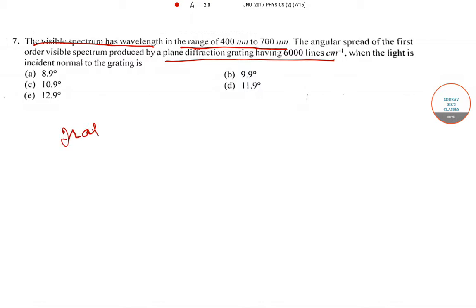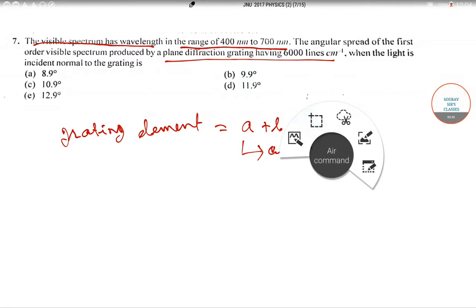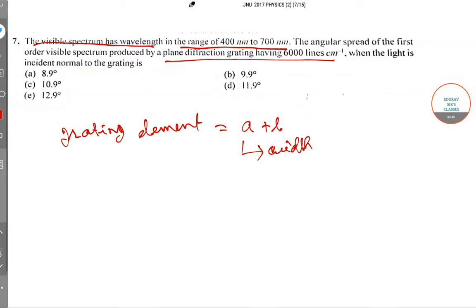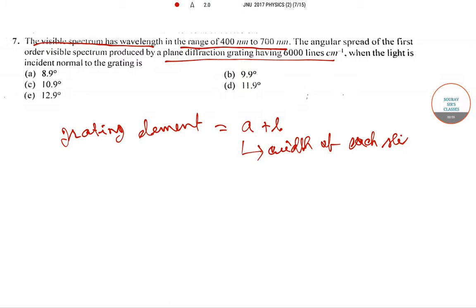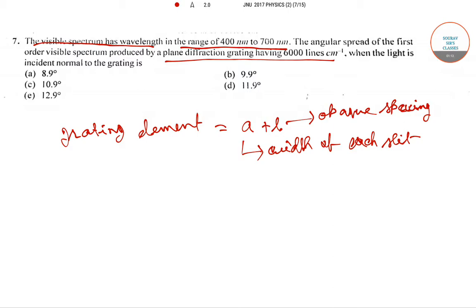So we know the grating element is equal to A plus B. A is the width of each slit, and B is the opaque spacing between two consecutive slits.